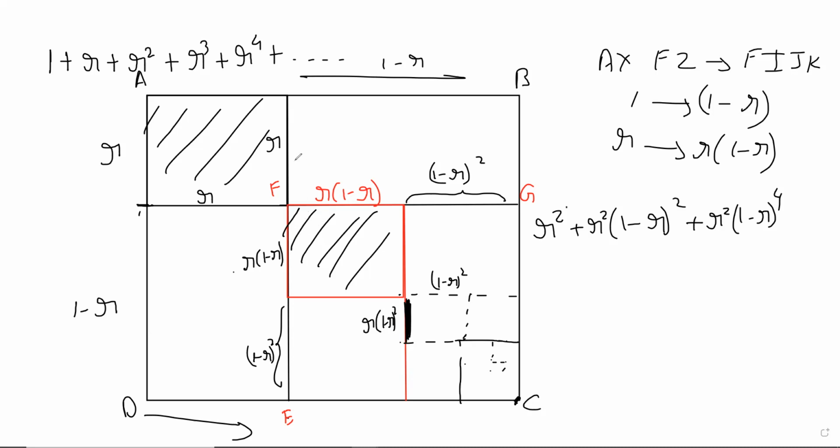Let me also verify it. This is 1 minus r, and this is 1, and this is 1 minus r square. So the shrinking ratio is again 1 minus r. So that's right, you are right. That's correct.